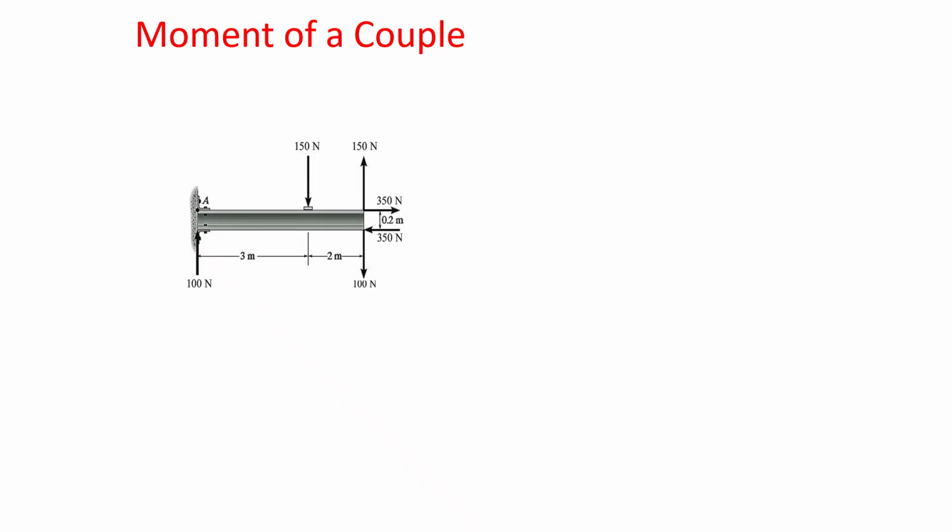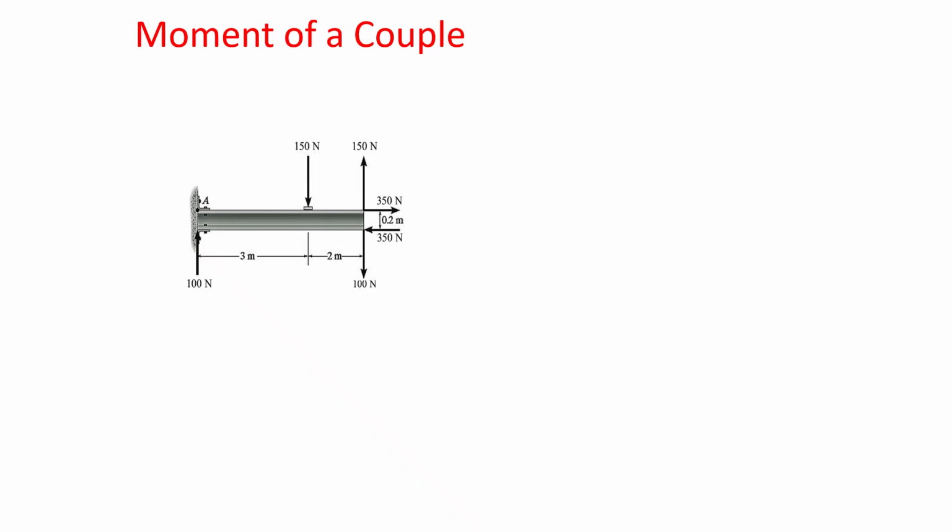So what are the requirements for having a couple moment? You need to have two forces acting in opposite direction, same magnitude, but separated, parallel to each other. They can't intersect.